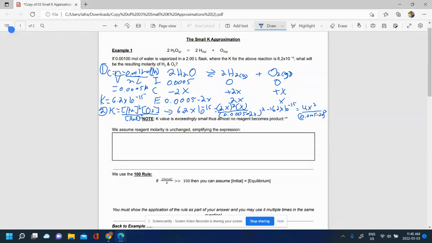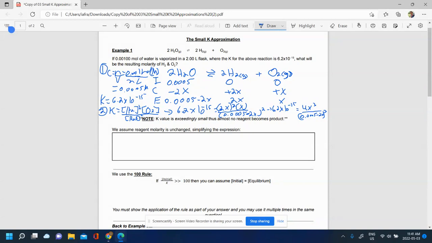I cannot square root both sides, because I have cubed on top and squared at the bottom, so that won't work. And in this case, I can't really use a quadratic formula because I have a 4x cubed on top. So sometimes we want to solve this in a simpler way, and one thing we can do is use what's called the Small K Approximation.